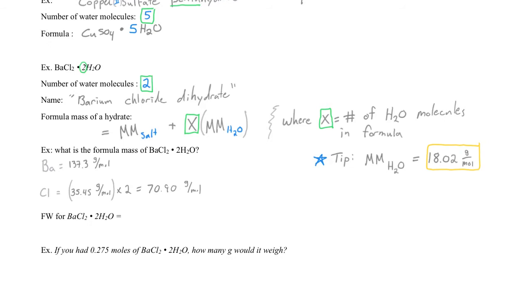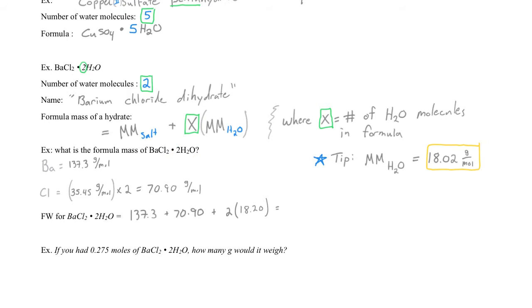Now we just have to add all of this together, the barium, the chlorine, and the water component, to get the total formula mass. If I want to show all of the work here, I've got 3 terms. It's 137.3 for barium, and that's grams per mole. Then we're adding that to the chlorine mass, which is 70.90, and then we're adding in water, which is 18.02, but of course I'm multiplying that by 2 because we have the dihydrate here.